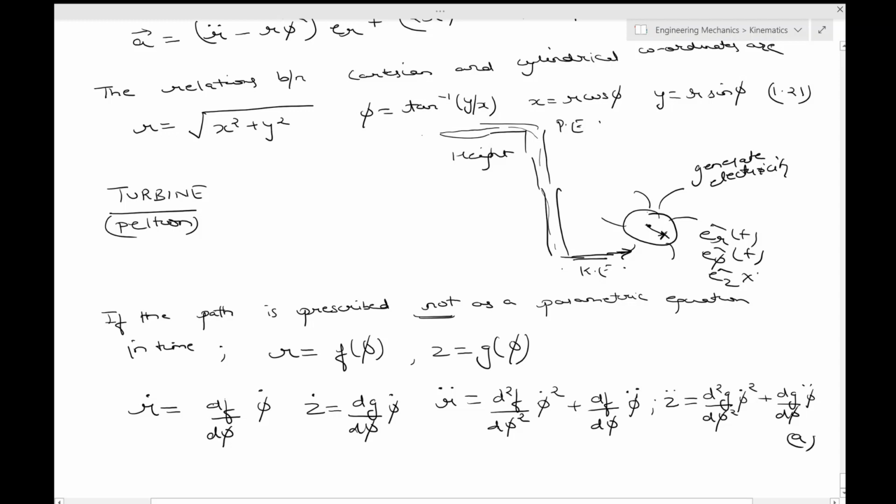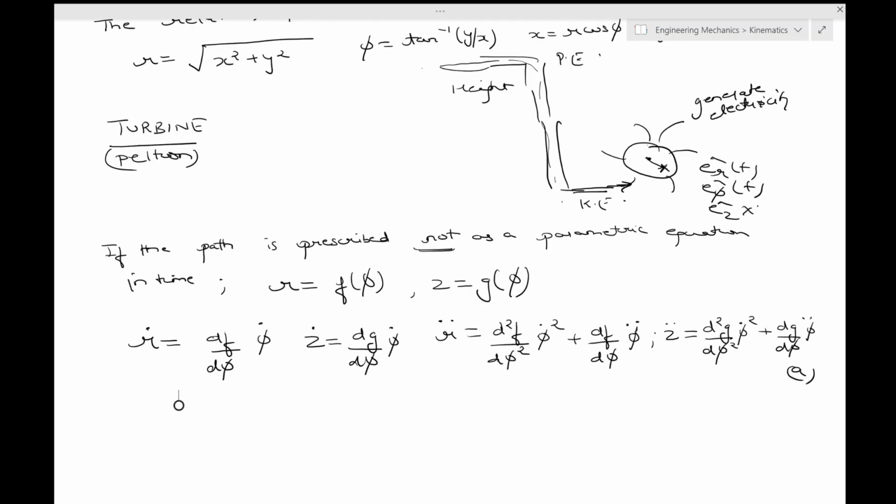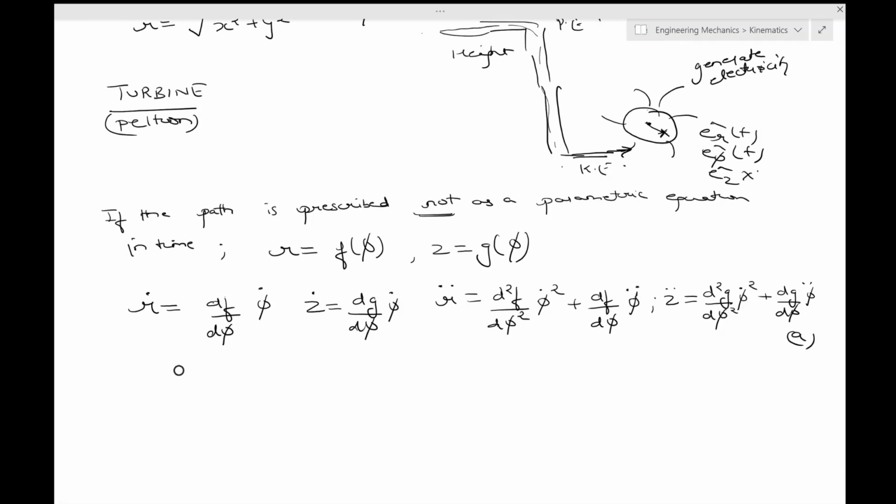Let's call this equation A. This is just the chain rule of differentiation. If the values of one out of r dot, phi dot and z dot, and one out of r double dot, phi double dot and z double dot are known, then you can solve for the remaining four values.